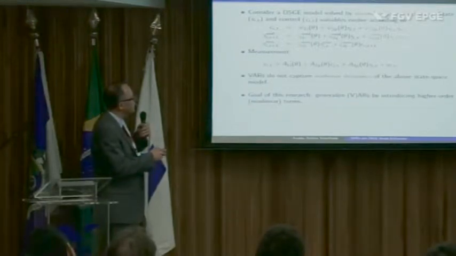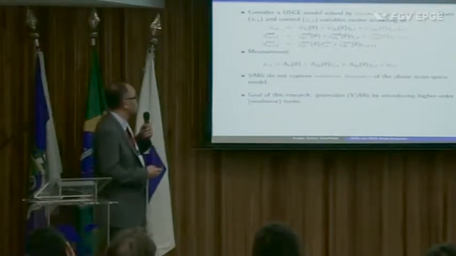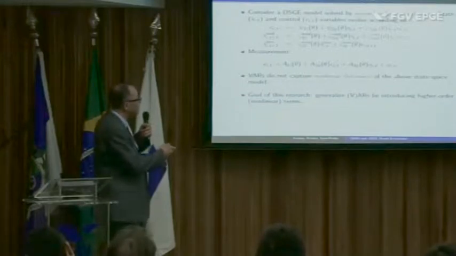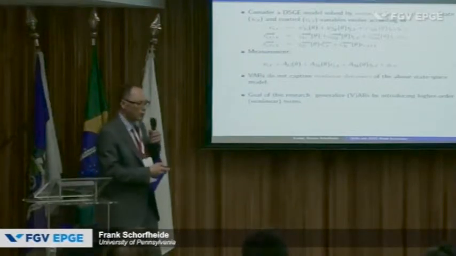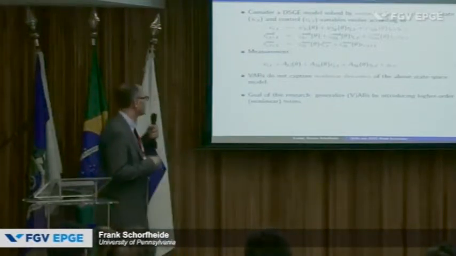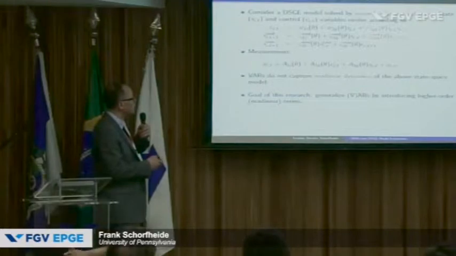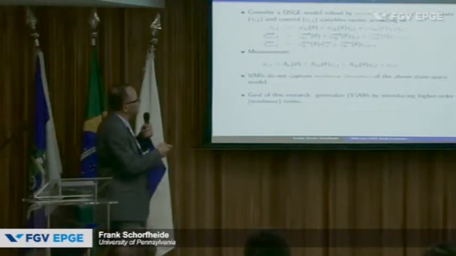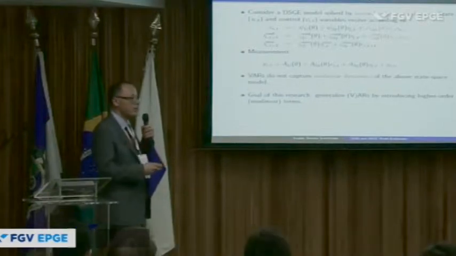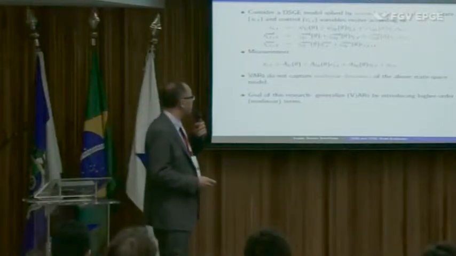So there are some control variables, think of consumption or investment, and then there are some state variables. The state variables are divided into exogenous state variables, think of total factor productivity, and endogenous state variables, think of the capital stock.